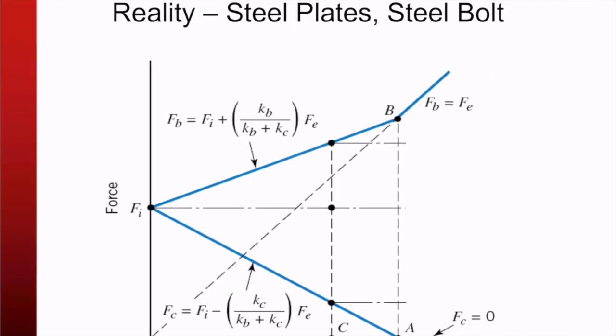Now, in reality, steel plates and steel bolt, typically the clamped members, so these are the plates, are about 4 times as stiff as the bolt, approximately.